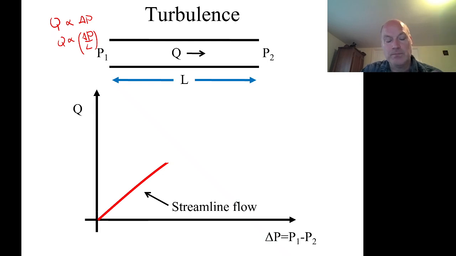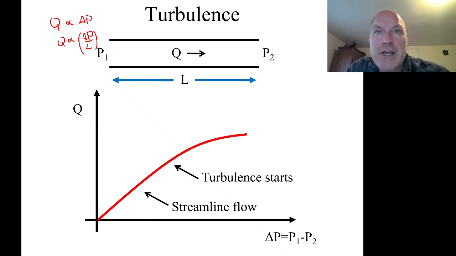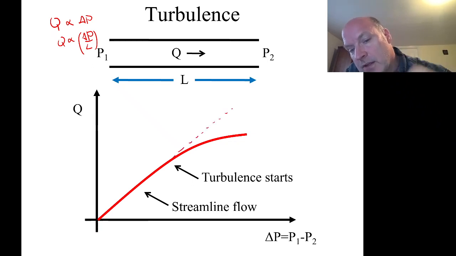And so when you have streamlined flow, Poiseuille's law is going to work, and it's going to follow a straight line. If you try to push that fluid too quickly by putting too large of a pressure difference, there'll be sort of a breakdown in streamlined flow, and you're going to have a petering out of your flow, okay?